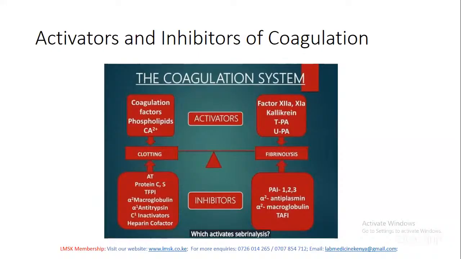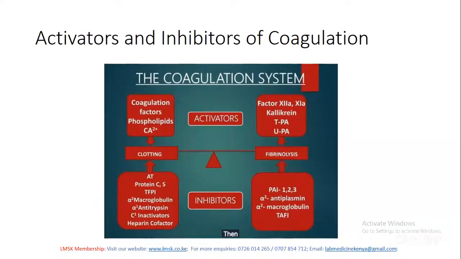Then the urokinase plasminogen activators, which also activates fibrinolysis. And we said the tissue type is predominantly produced by the endothelial cells, while the urokinase type plasminogen activator is produced in small amounts by the endothelial cells.